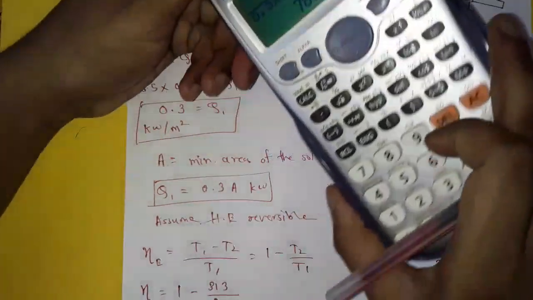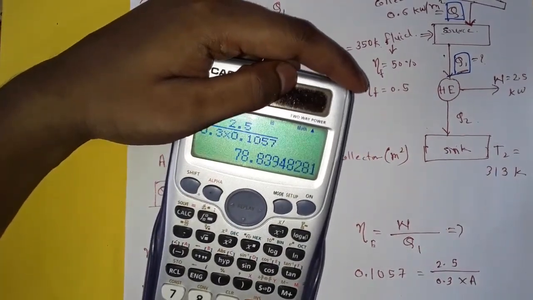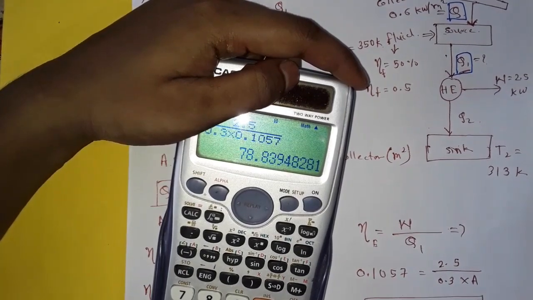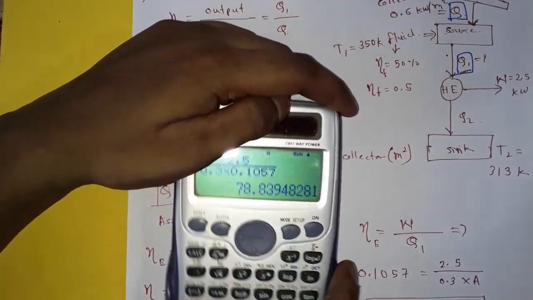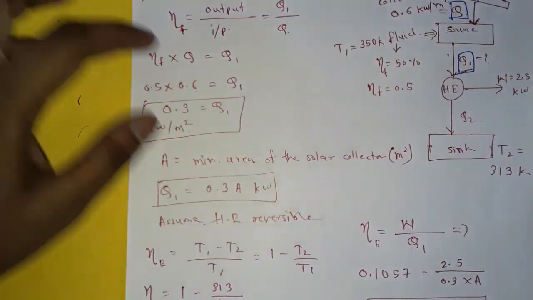So the answer is 78.83. So area is equal to 78.83 meters square. This is the answer.